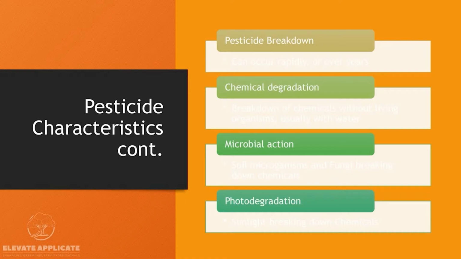The other way chemicals break down is through photodegradation. Photodegradation is sunlight breaking down chemicals. As far as insecticides go, photodegradation is probably the number one way of breaking down chemicals. And now they're trying to create products that are UV resistant, and they have a lot longer life.